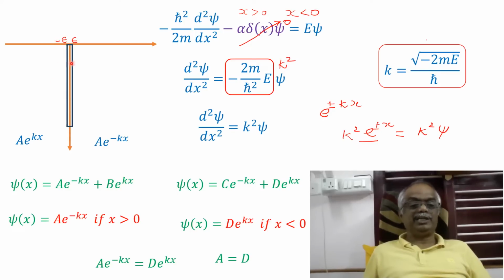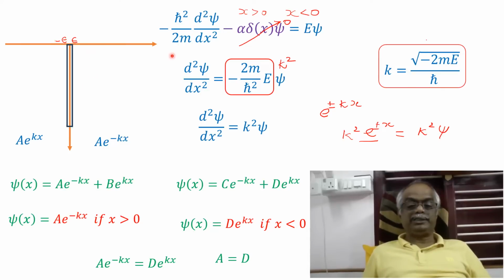The height is close to infinite and the width is close to 0. Now we will see about the wave function. As I said, in the case of the positive x direction, psi of x is equal to A e power minus kx plus B e power kx.